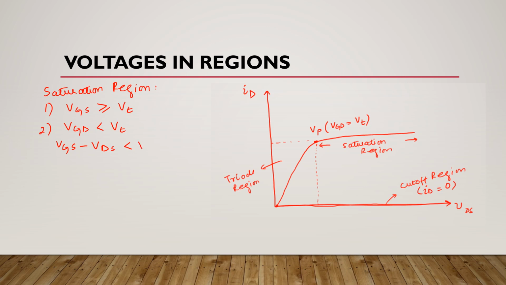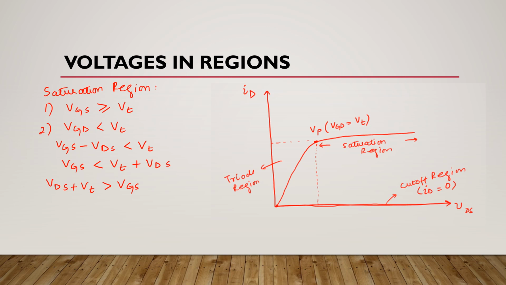this. Now if we rearrange this equation, we get gate to source voltage is less than threshold voltage plus drain to source voltage, or we can write it like this.